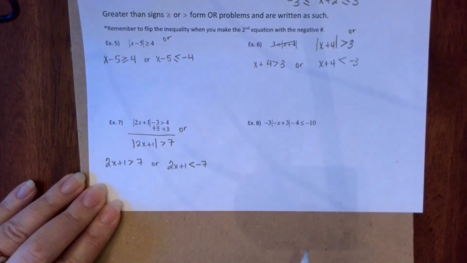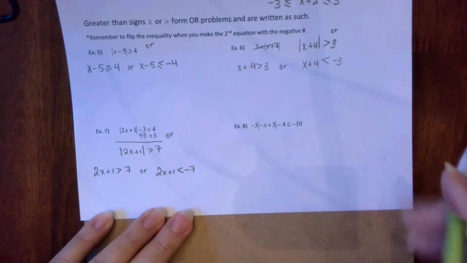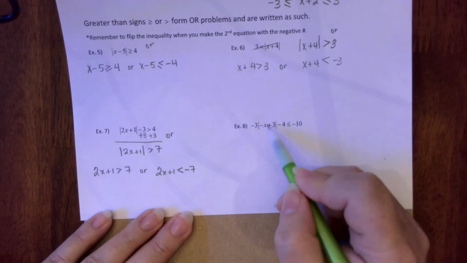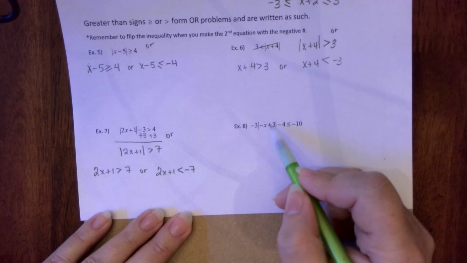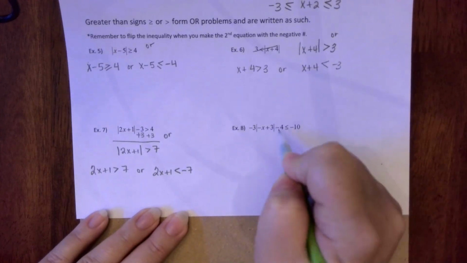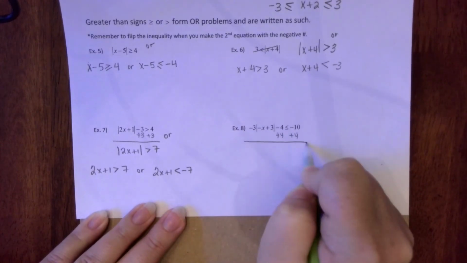Now, number 8. Number 8 is actually quite tricky. Number 8 looks like it's going to be a land problem. But let's go ahead and solve first. Get this absolute value all by itself first, and then let's see what it really is. So the first thing you're going to do is add your 4. Okay?